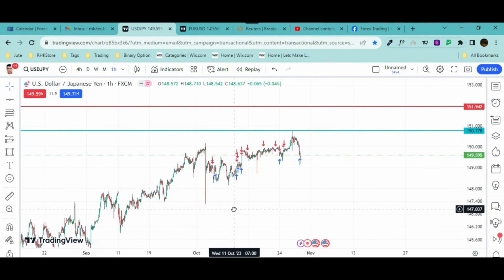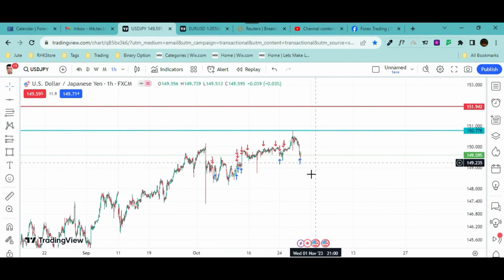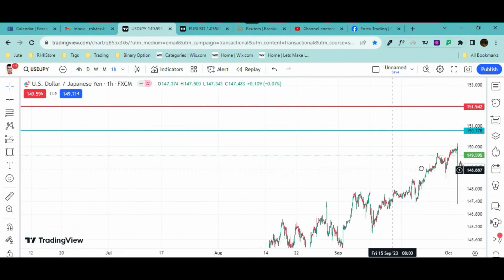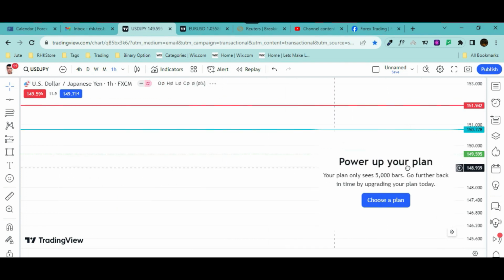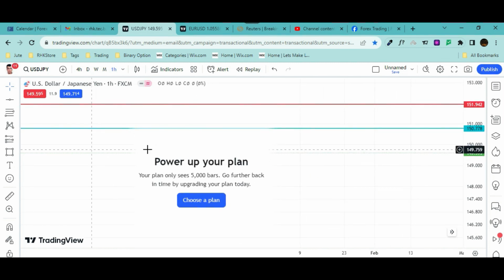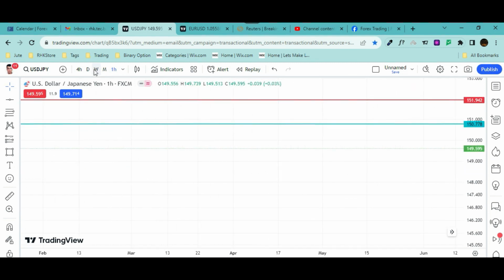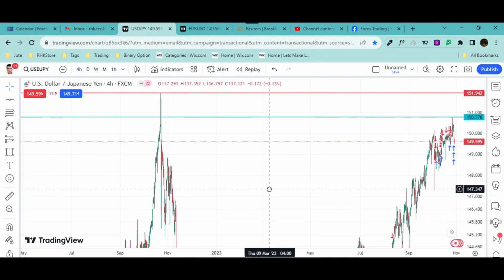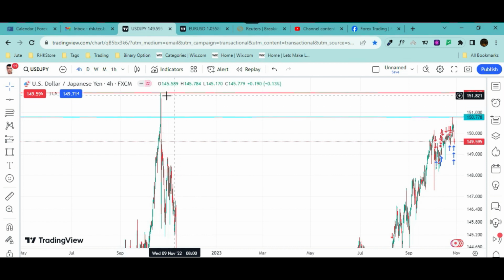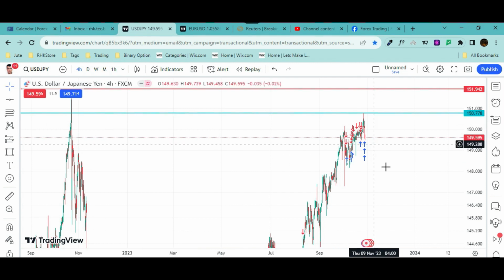This is the 1 hour candlestick, and I don't think I'm allowed to choose more than 5,000 bars, so I cannot display it. Okay, let's get back to 4 hours. If it was possible to go for 1 hour or 2 hour, you would find that there is a green candle and a red candle with a big shadow on the top, and that created this one.